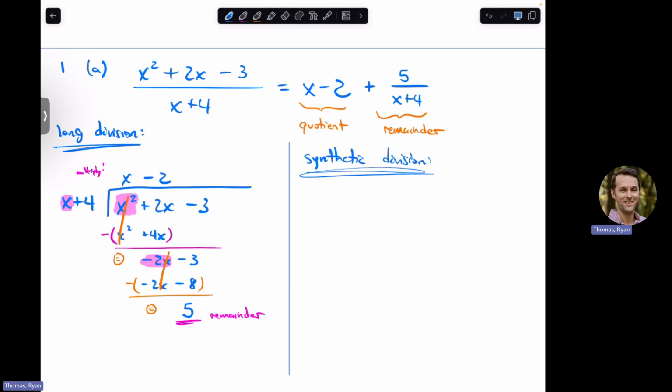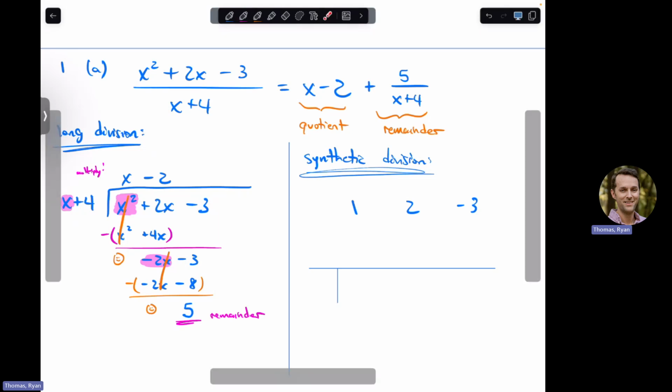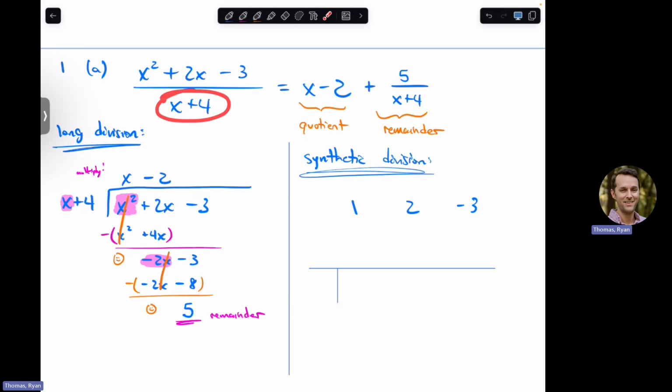So the coefficients of this, think like A, B, and C, are 1 and 2 and -3. So 1 and 2 and -3. Then, for reasons that will become clearer in a minute, we're dividing by x plus 4.